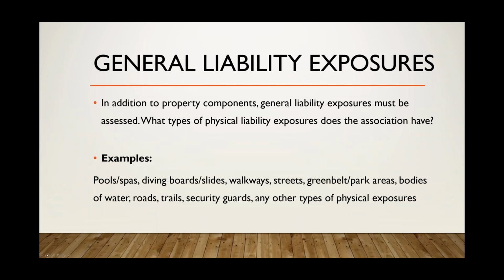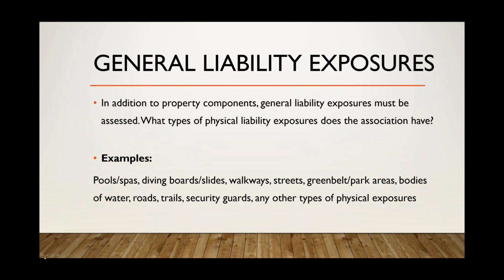And then in regards to the general liability exposures, this is another area that you have to be concerned about. You have anything that can create any sort of bodily injury. So when you're sitting there assessing what needs to be covered, consider what physical liability exposures the association has. Perhaps they have amenities such as pools or diving boards. They might have streets or walkways.